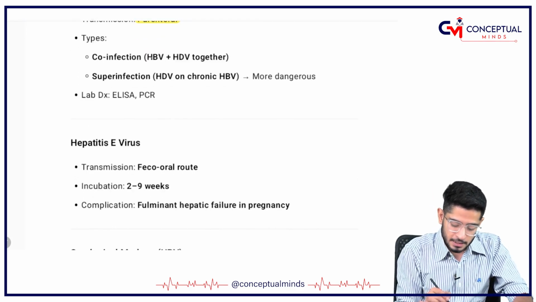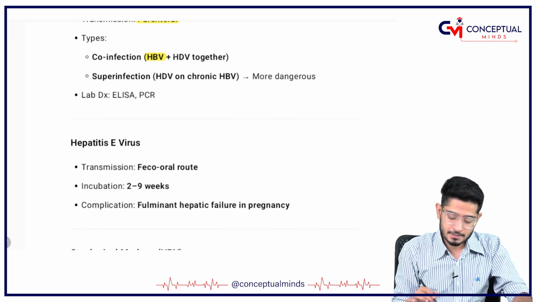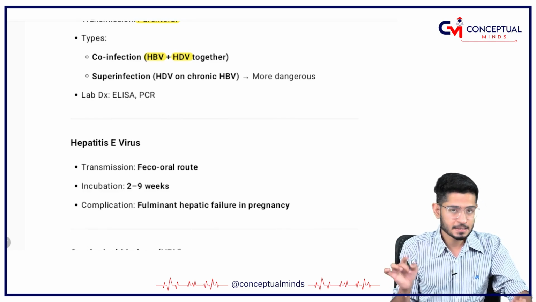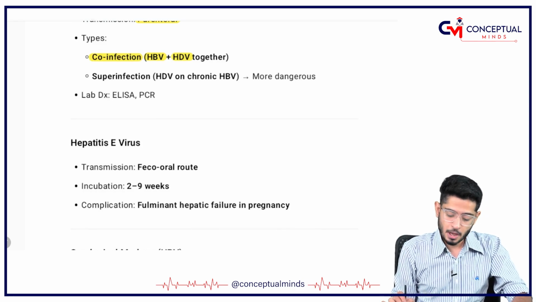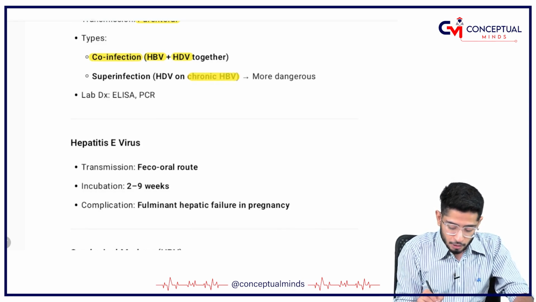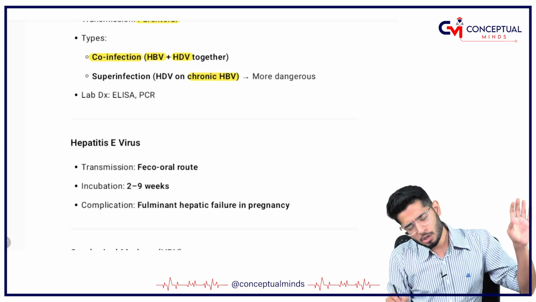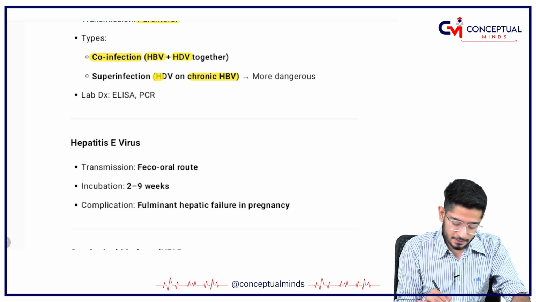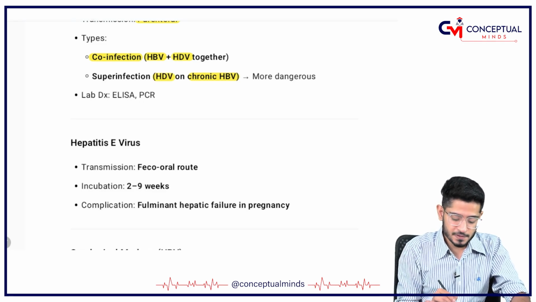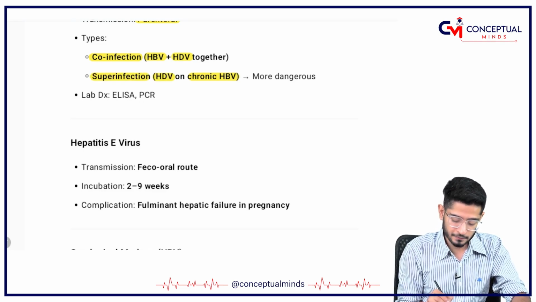Now please remember, if there is hepatitis B virus plus hepatitis D virus, they are coming together. This is called co-infection. But if there was a chronic hepatitis B running from a very long time and now hepatitis D virus is coming, this is called super infection.